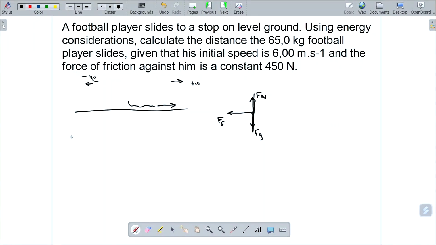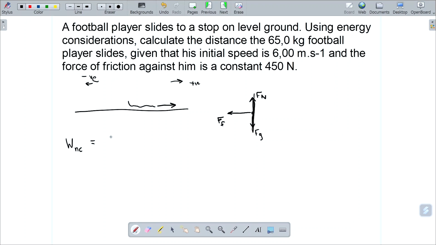Okay, so first of all, let's find out what is the work done by the force of friction. Force of friction is a non-conservative force. We can write W_NC, which is the work of the non-conservative force.